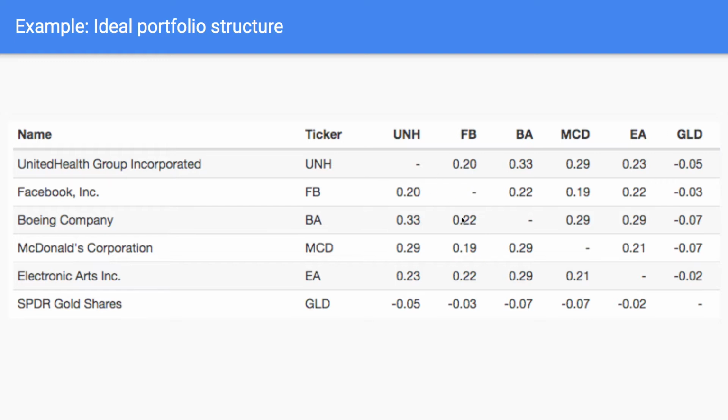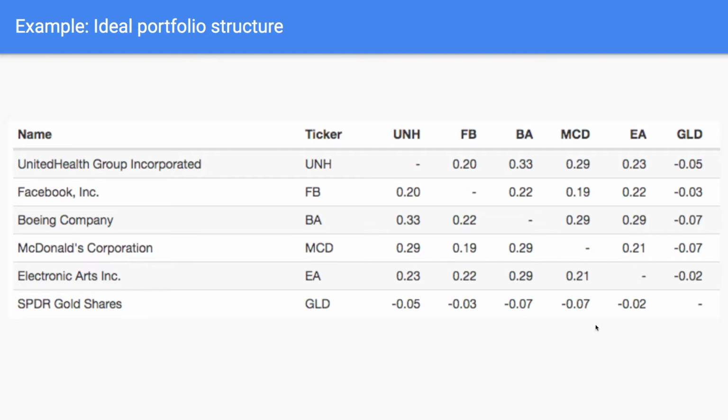Now, what I want to point out is when you make this correlation matrix of the underlyings you want to trade, make sure that you do not have anything that's above a 0.5 correlation as a general rule of thumb. All these positions have somewhat of a correlation, which you're not going to be able to avoid in the stock market because there's going to be systematic risk in every single stock that you invest in.